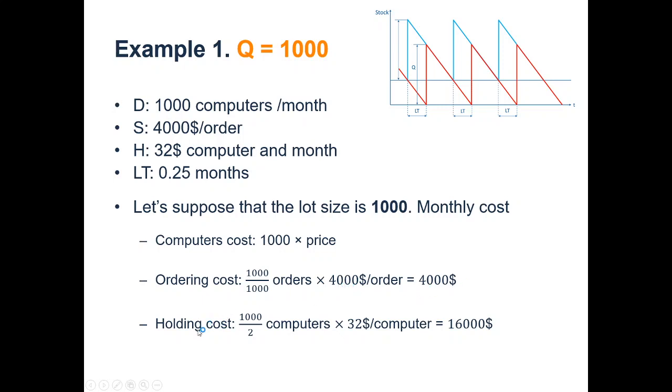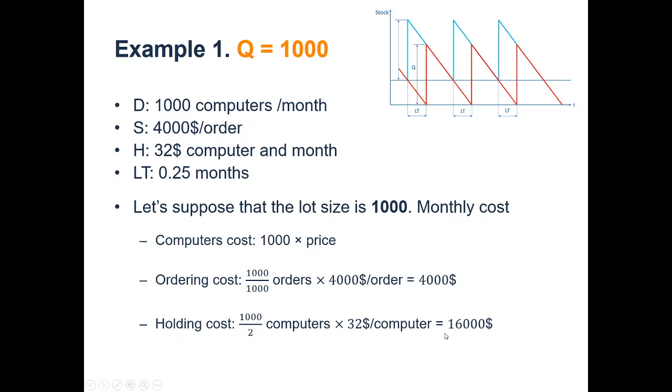And as the holding cost, we have a larger holding cost because we have on average 1,000 divided by 2 computers, which is 500, and we pay $32 per computer a month, which means a holding cost of $16,000.